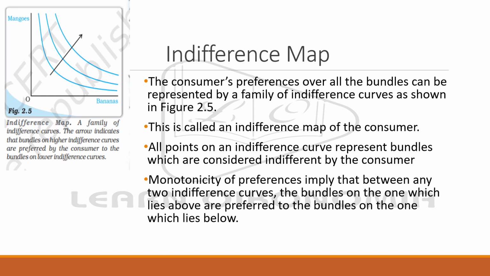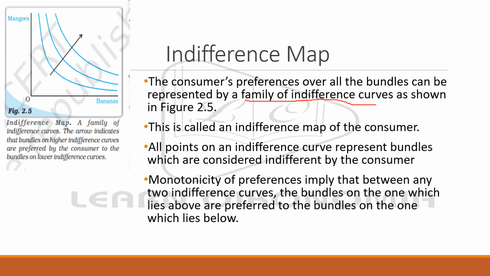When we consider the preference of consumers over the bundles, this can be represented by using this particular figure, and this figure is known as an indifference map. What do we represent in an indifference map? A family of indifference curves.